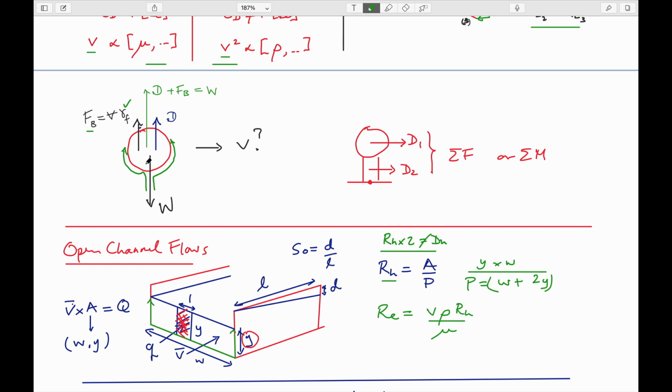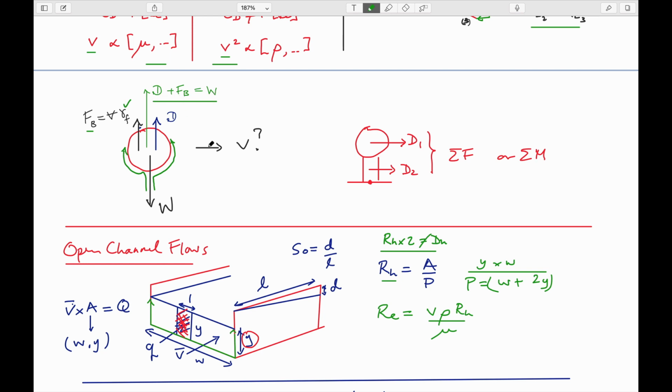And you just sum the forces acting vertically, which would be the buoyant force and the drag, and the weight, which is dragging it down. By applying Newton's second law, you balance forces to find out what the net force is. If it's not accelerating, then they have to balance each other.